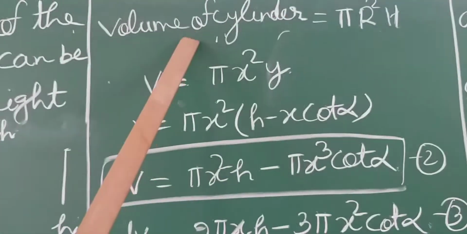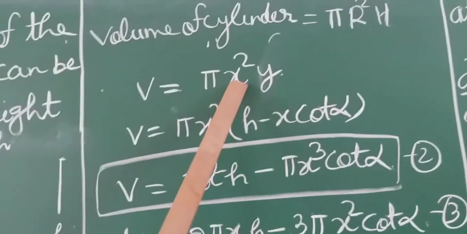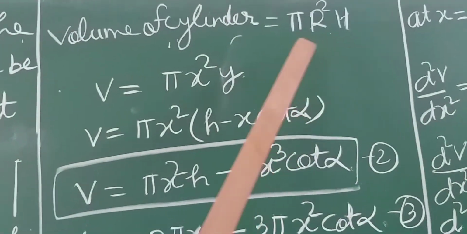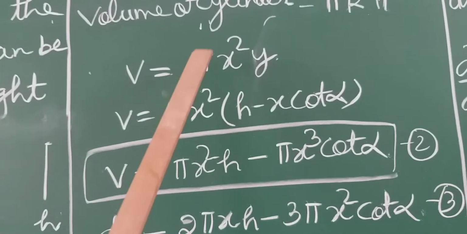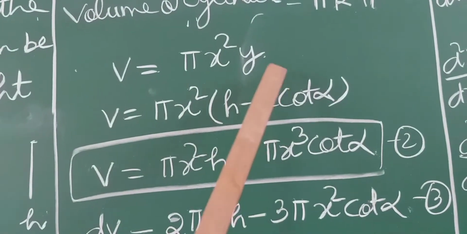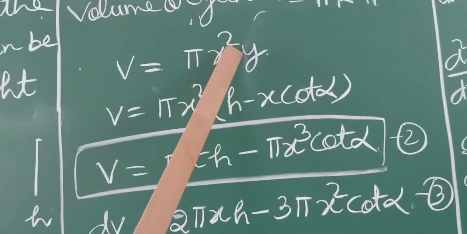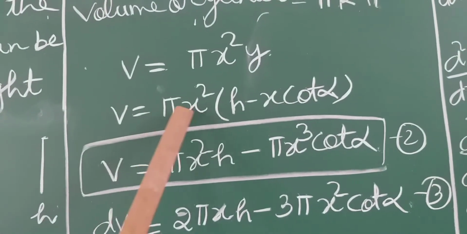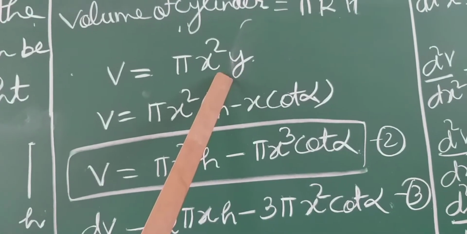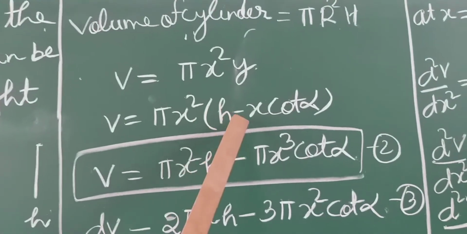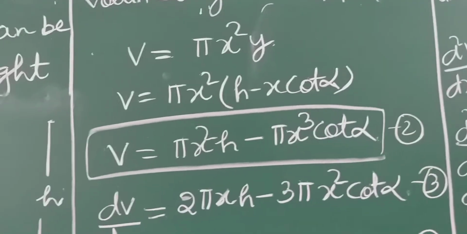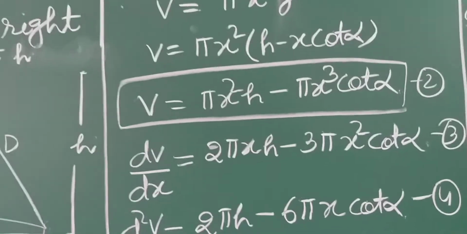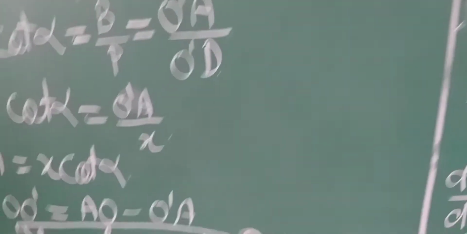Radius of the cylinder is x and height of the cylinder is y, so pi x square y. Let us put the value of y just obtained. V equals pi x square, and in place of y we can write h minus x cot alpha. This is the value of height.